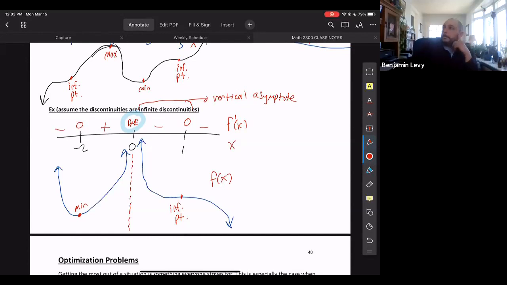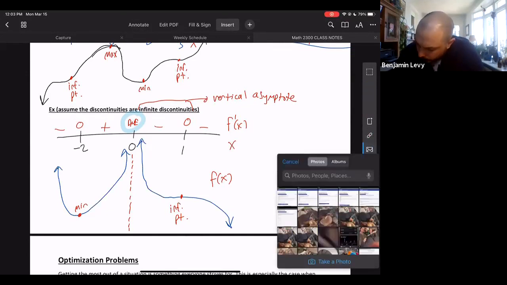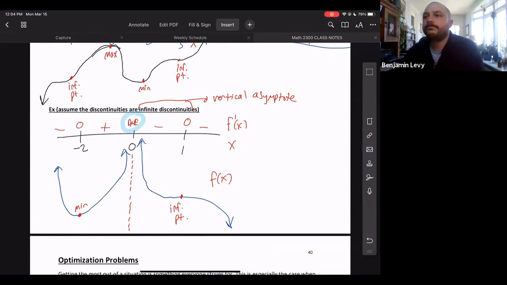What do you think? Does this seem okay? I wanted to look at one of these from the homework as well.